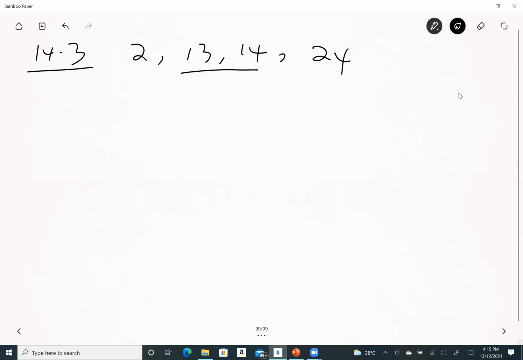So for 13, 14, if you want to do more, then you can do number 21. Okay, any question? Any comment? Anything?